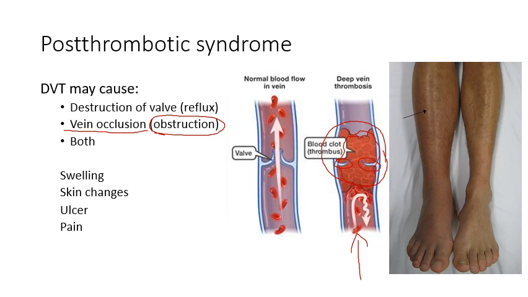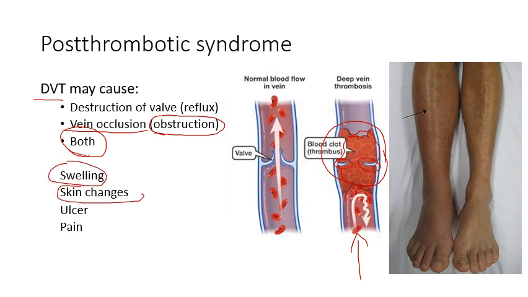So sometimes the valves are damaged, sometimes you'll have an obstruction, and some patients might have both after suffering a deep venous thrombosis. The post-thrombotic syndrome has a common clinical picture of leg swelling.